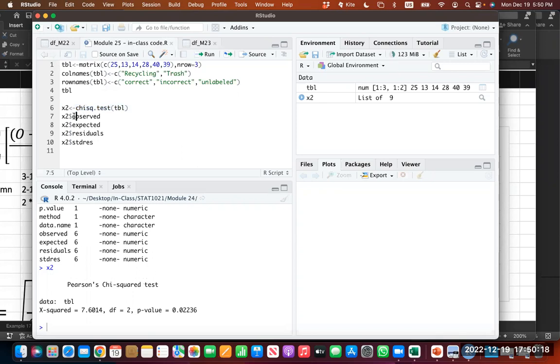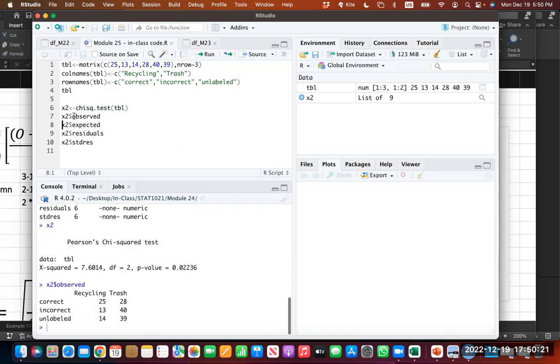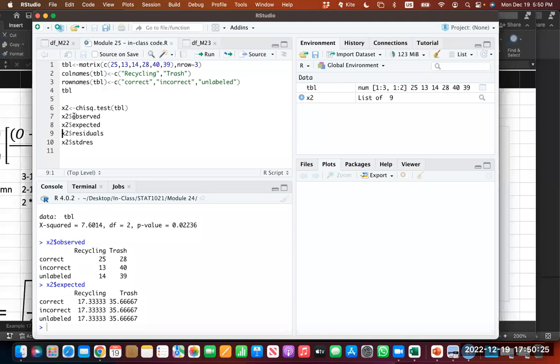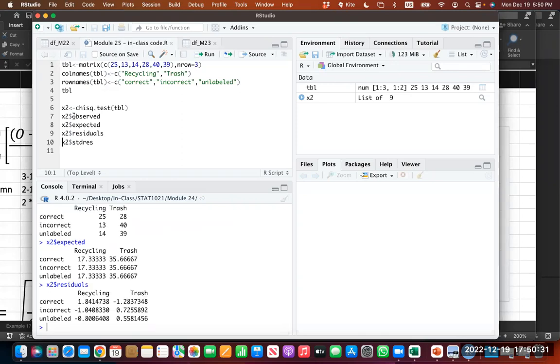You can now explicitly, with the $ sign, address different things, observed versus expected. The expected is consistent with the expected we determined, right? The residuals are now these adjusted residuals that calculate for each of your cells a standardized adjusted residual deviation from what's expected, which takes into account the cell number, the frequency within the group.